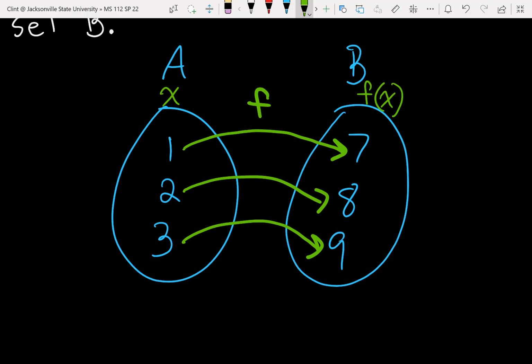Or again, we could say these are the inputs for our rule, and then these would be our outputs. But that relationship there would give us a function. It follows the definition. Each x goes to exactly one f of x, so that's a function.